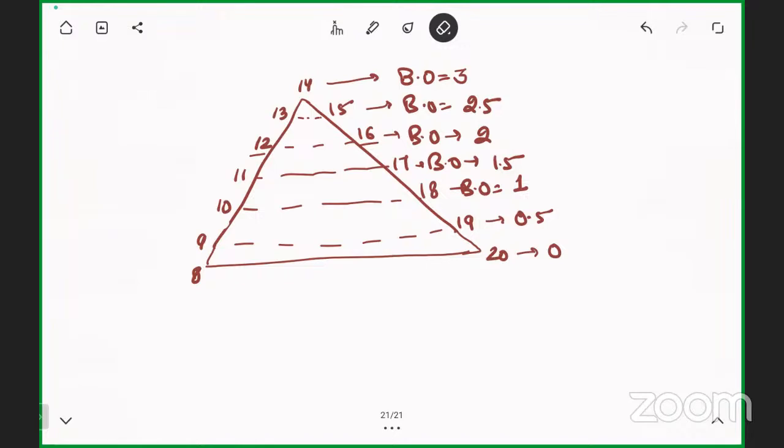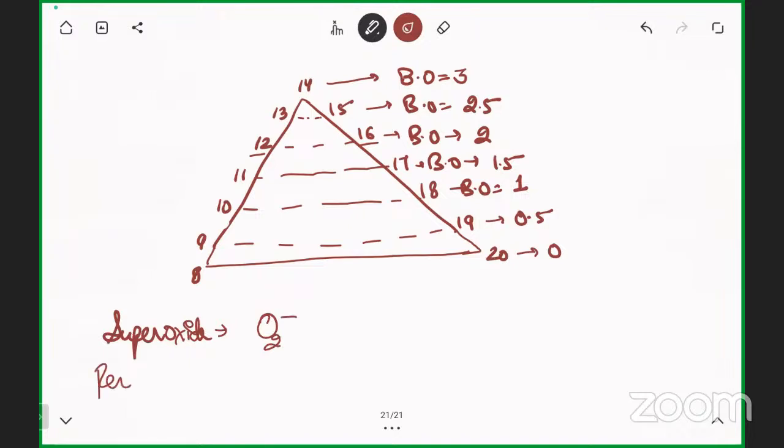Clear? Yes, sir. Okay. In case of superoxide ion and in case of peroxide ion. Superoxide means O2 negative. Peroxide means O2 2 negative.